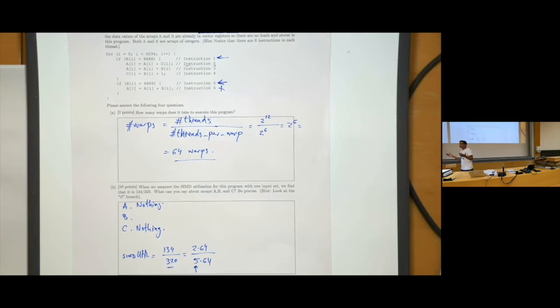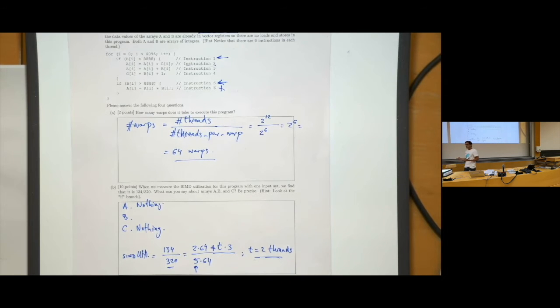I know that it's not all of them, because if it was all of them, then I would have 320 as well. But it's not 320. So only part of the threads, let's call this number T, is going to execute these 3 instructions. You see it? So from here, you will obtain that T is equal to threads.